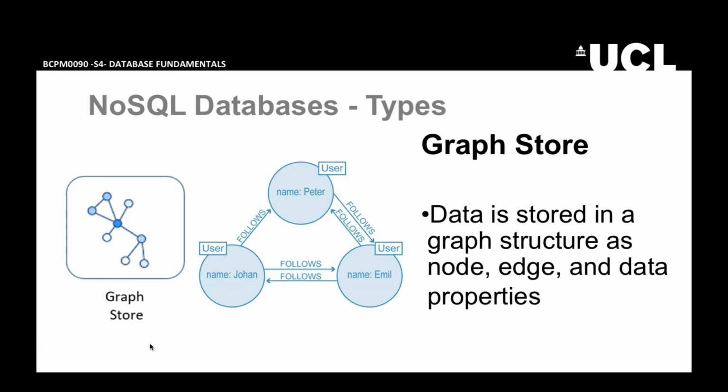In this type of database, the data is stored in a graph structure, which shows graphically the relationships between data properties. Here you can see a quite easy example to understand the concept. Imagine this as a way to store data that represents who follows who in social media such as Twitter or Instagram.